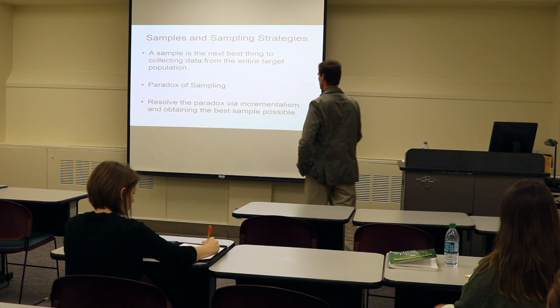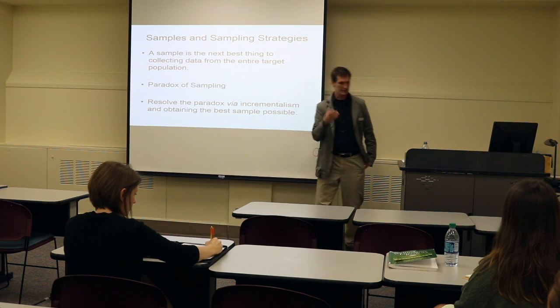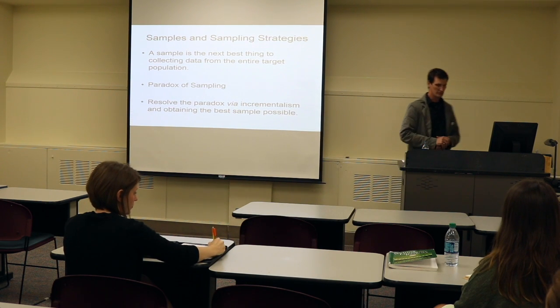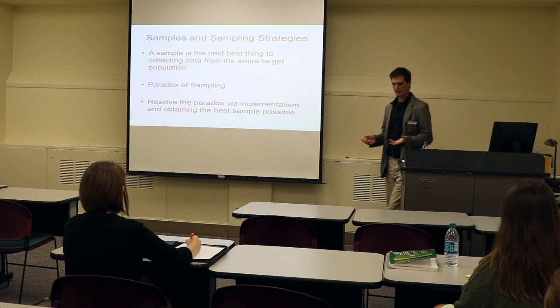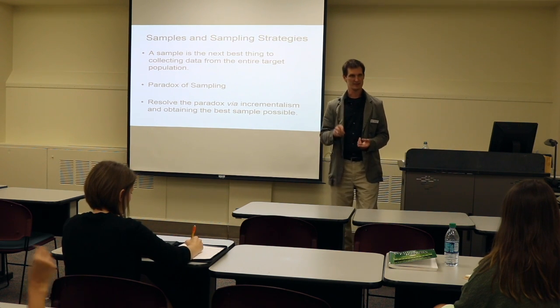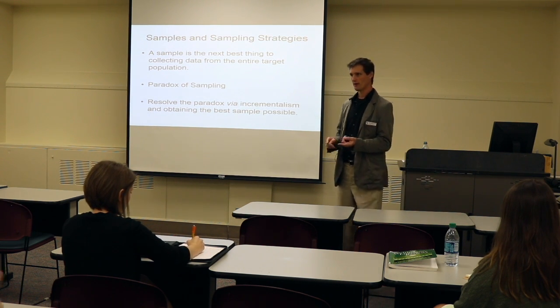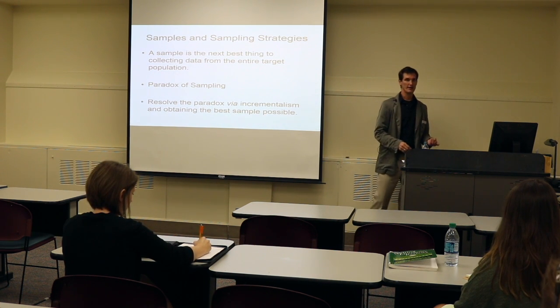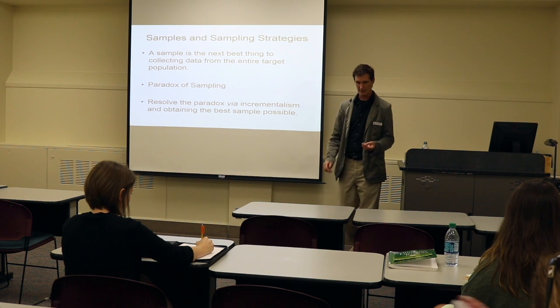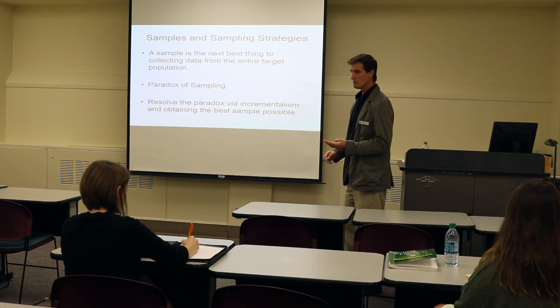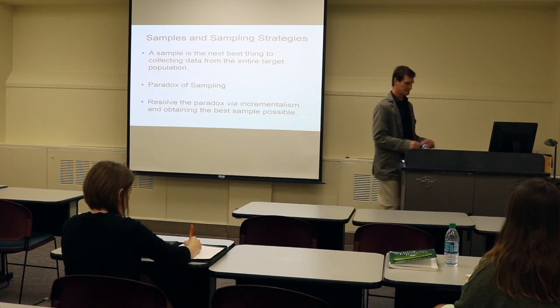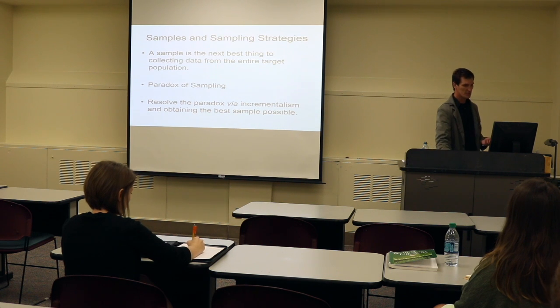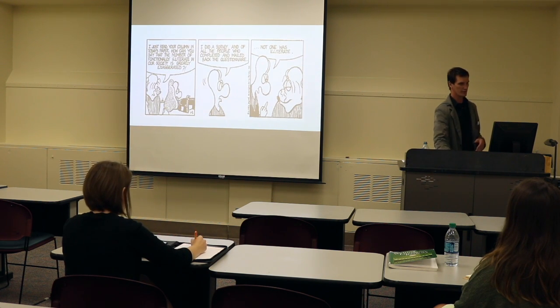Well, the characteristics of a good sample can be narrowed into 4 characteristics. We want a sample that is stable, we want a sample that is representative, and we want a sample that is random. We're going to talk about how to achieve those characteristics within a sample.